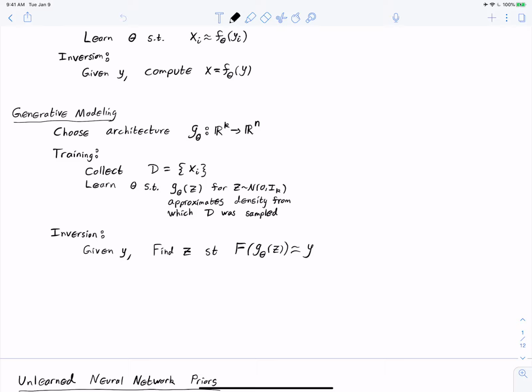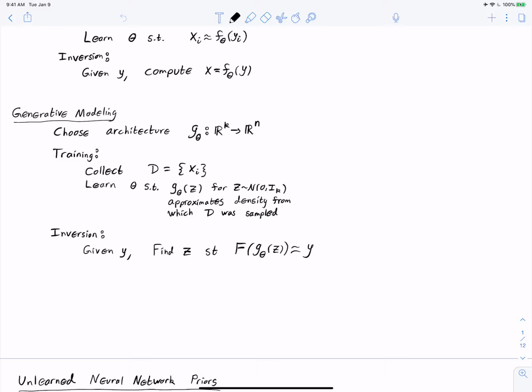These are the images that are of the class that you're trying to recover. After you've collected that data set, you want to learn theta such that g theta of z, for standard normal z, approximates the density from which the data set was sampled. Examples of this process are variational autoencoders and generative adversarial networks, just to name two.